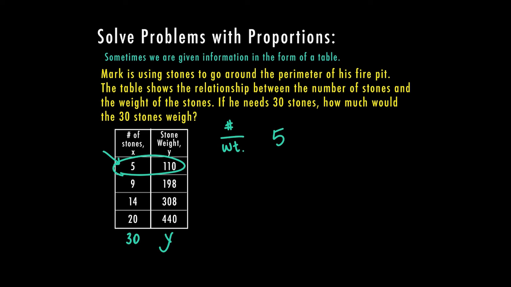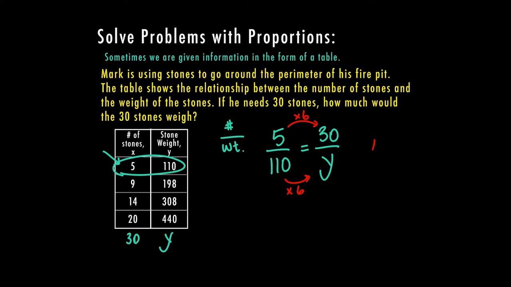If 5 stones weigh 110 pounds, that means that 30 stones is going to weigh Y, the number we're figuring out here. I used 5 because I know that 5 goes into 30 6 times, so I can use a simple scale factor of 6.